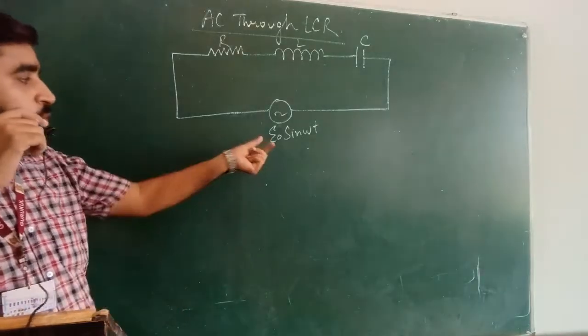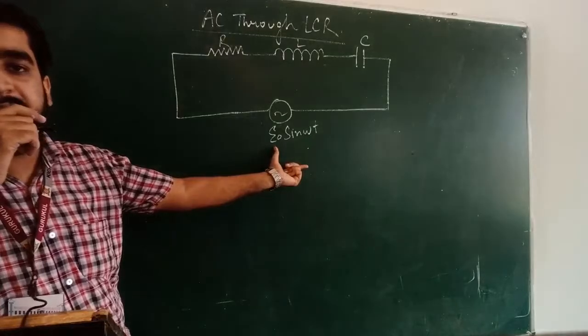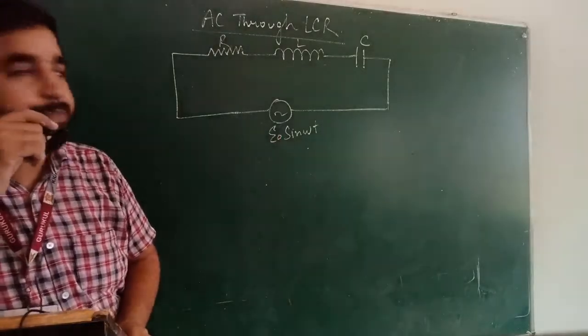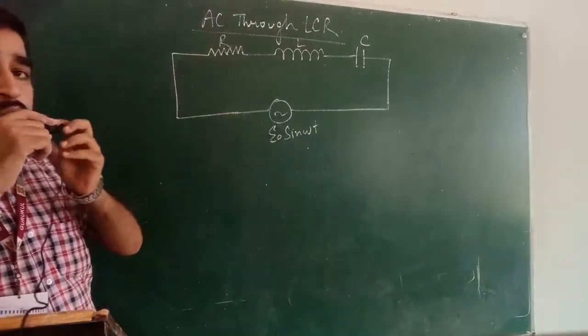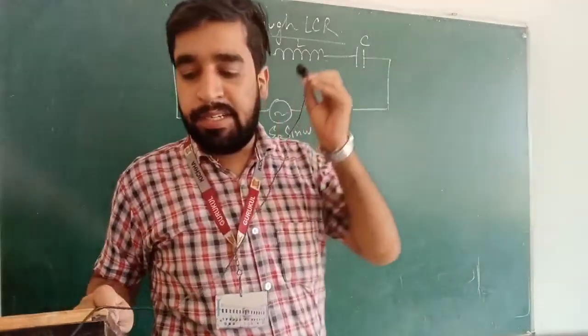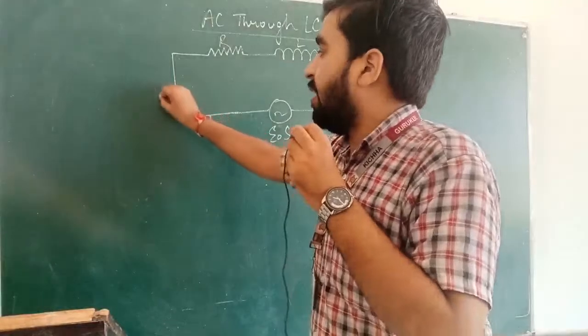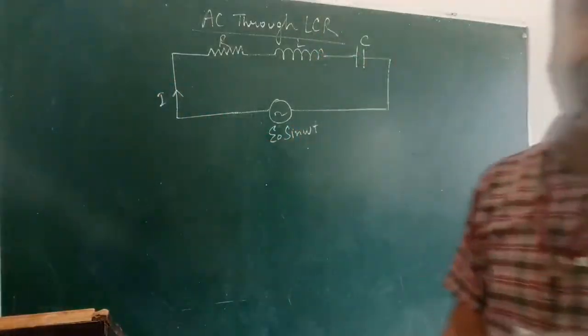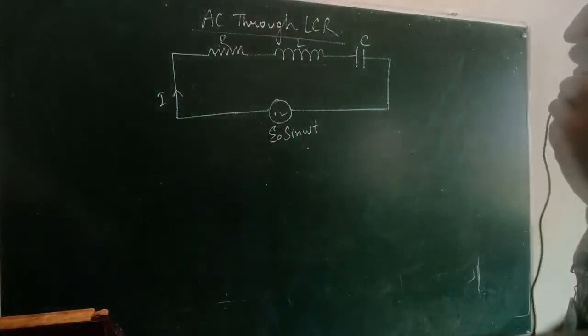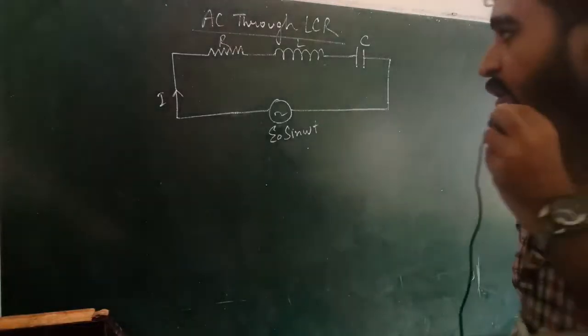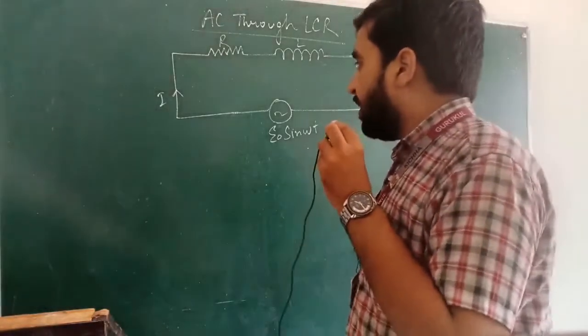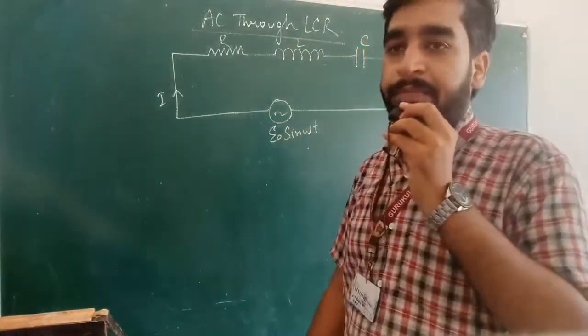So what is the voltage we have applied? That is E naught sin omega t. Now suppose at an instant I naught is the current which is transferred. I or I naught is the current. Now what will be the case for this resistance? Already we have studied that in series the current will remain the same.